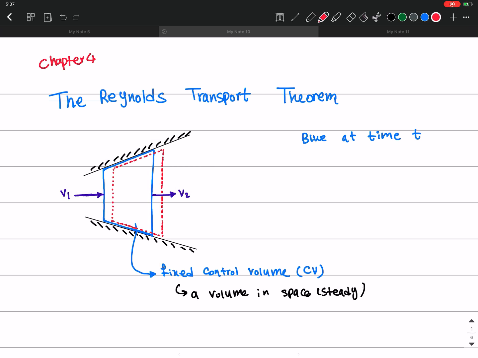So this red is at time t plus delta t, okay?